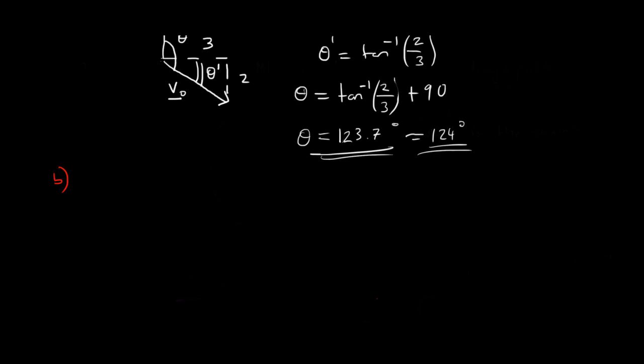Now they tell us that at time t seconds, so after t seconds, the velocity of p can be called just a vector v. So they say that at time t seconds there's a very general variable vector v which represents the velocity of the particle.